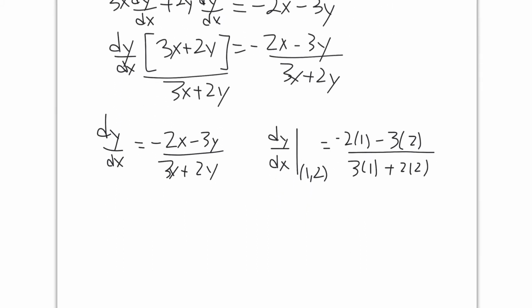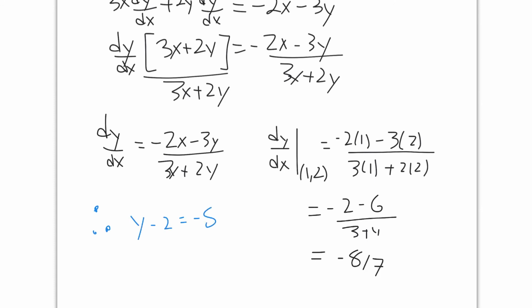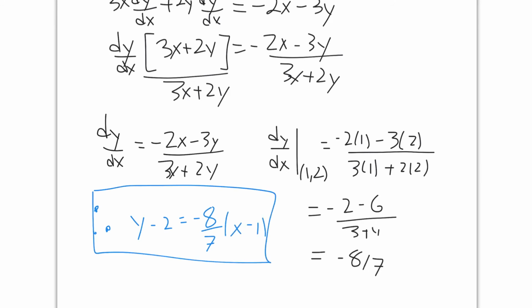Doing a little bit of arithmetic gives us negative 2 subtract 6 over 3 plus 4, which gives us a final answer of negative 8 over 7. So therefore, our final answer would be y minus y1 equals m times x minus x1. That is the equation of the tangent line.